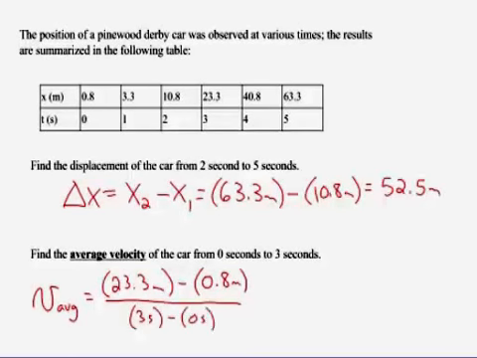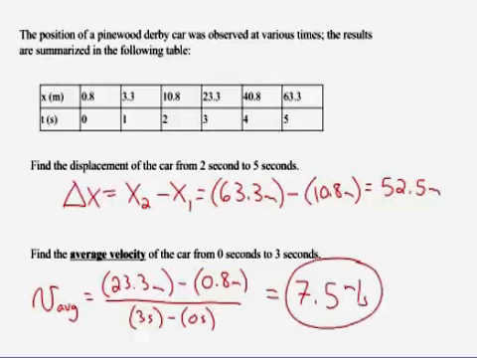That's just giving us the length of the time interval for this average velocity. So this is an average velocity of 7.5 meters per second. Again, it's moving in the positive x direction. So it was a displacement of 22.5 meters divided by 3 seconds, which gave us this average velocity of 7.5 meters per second.